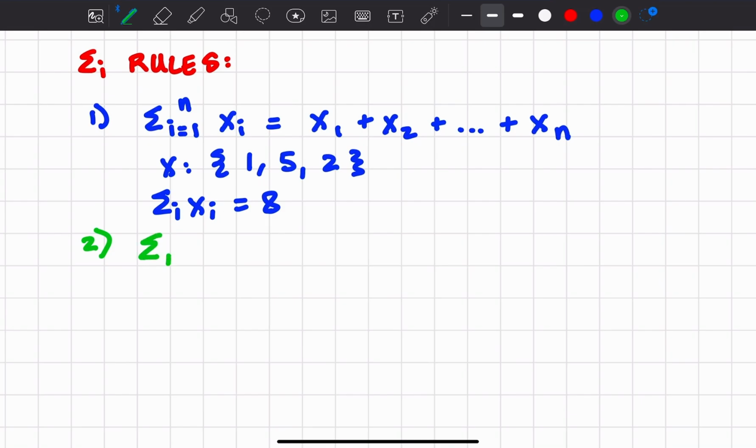The second rule is that summation can be distributed across a sum. So the sum of xi plus yi will be equal to the sum of xi plus the sum of yi.